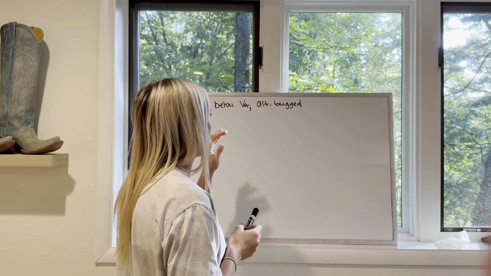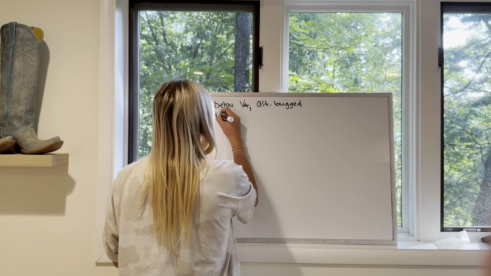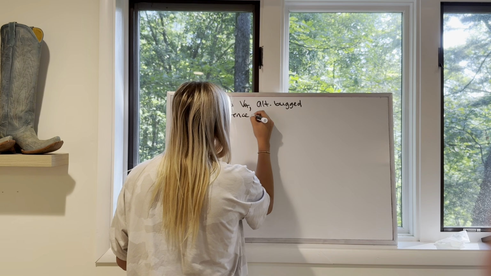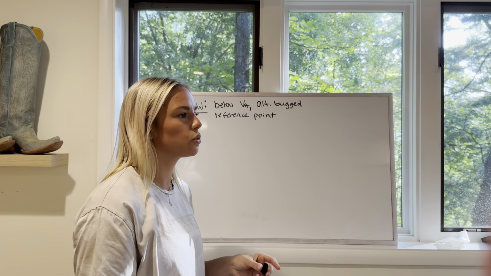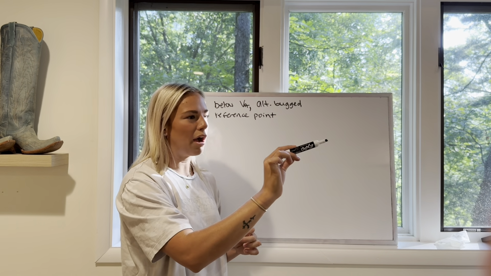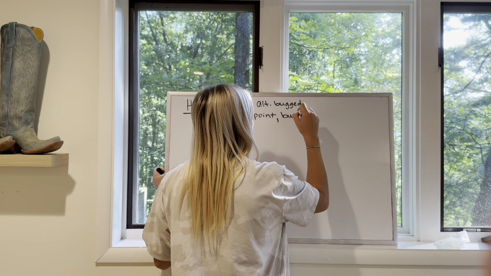So our altitude is bugged, our airspeed is below VA. And then we're also going to want to pick a reference point. So we're going to look out the distance, find something that sticks out to us that we can easily pick out. And then once we're flying at that reference point, we're going to bug our heading.